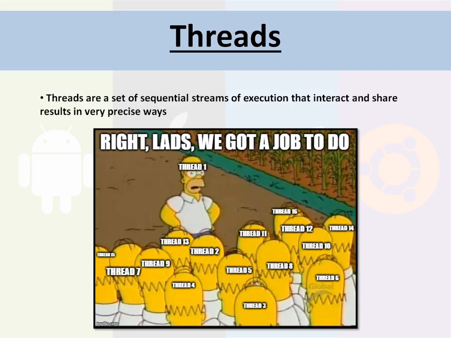So threads are a set of sequential streams of execution. Ordinarily, when you're thinking of a program, we start at the top, it goes down until it returns some value, right? That's sequential. Now, threads are a group of these sequential streams of execution, and they interact and share results in a very precise way. So a thread, you can hypothetically think of it as just multiple processes, but they're not quite like that.